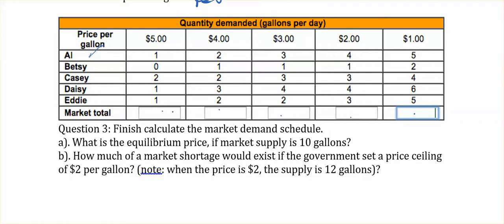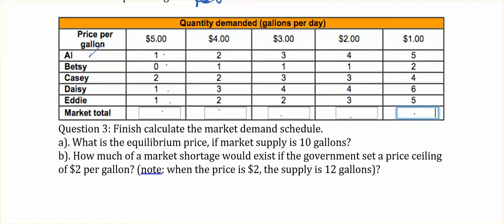In order to understand the market demand, you need to remember how you calculate the market supply. We just add all those quantities together and we get the market supply. The same idea for market demand. If we add all these quantities together, we get the market demand.